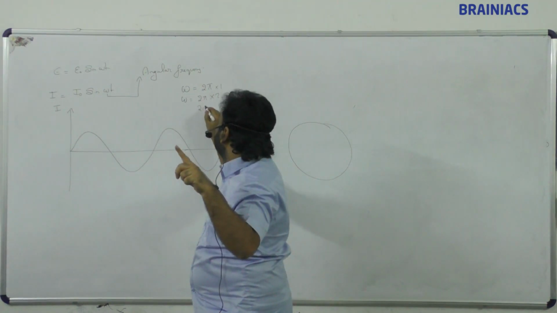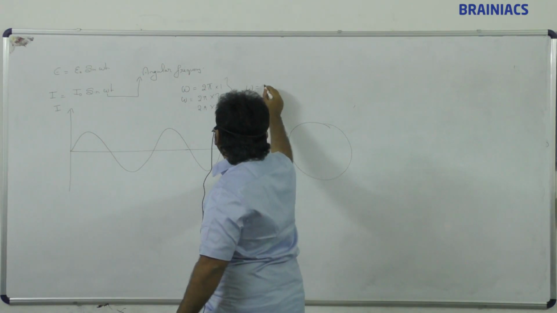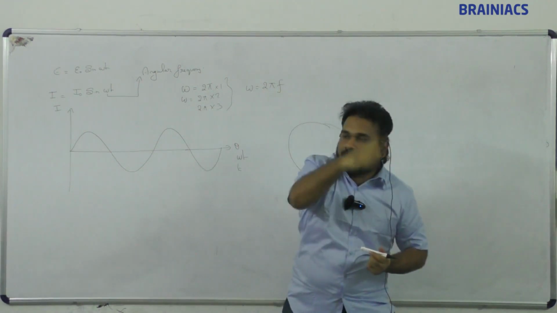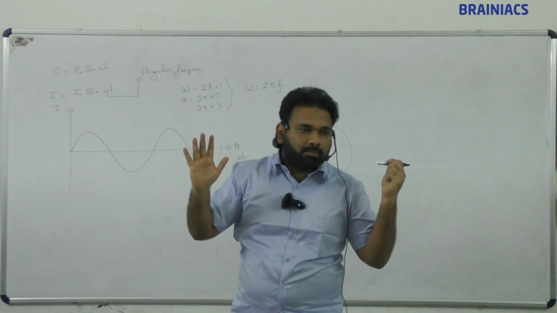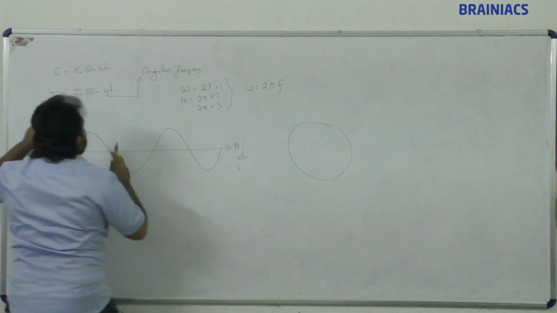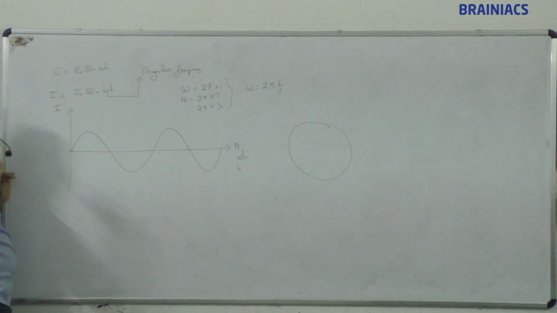2 pi into 3. So what we have taken is 2 pi f. How many times is it rotating in 1 second? If 10, then f is 10. So this omega is nothing but 2 pi f, that is the number of cycles in 1 second.